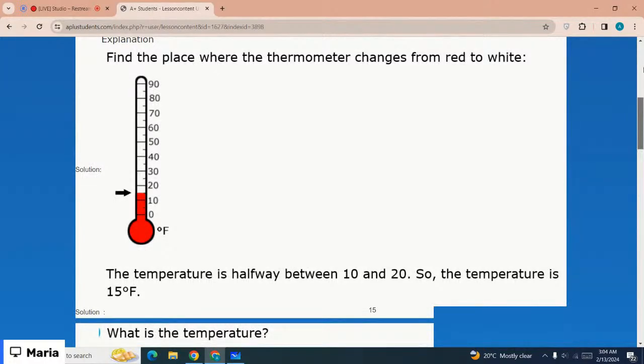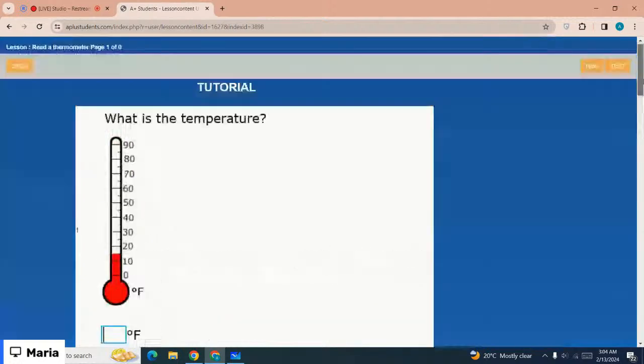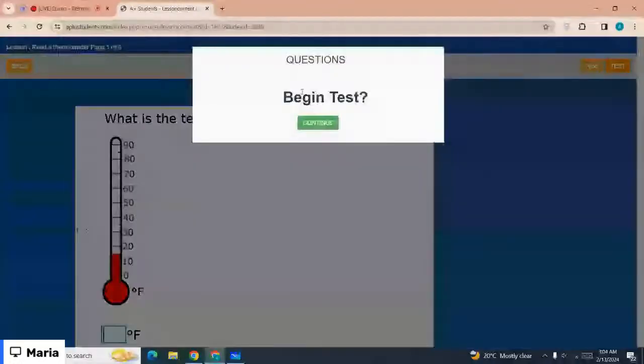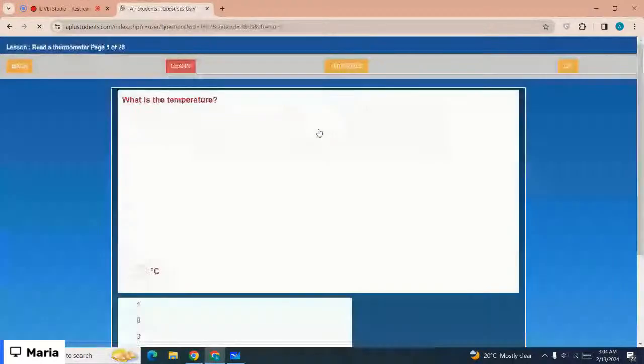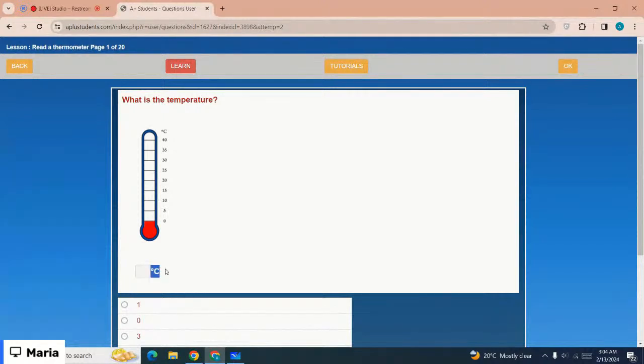Let's start the test question. What is the temperature? You can see the unit is mentioned here. You can measure temperature in two different units: one of them is Fahrenheit and the other one is Celsius.